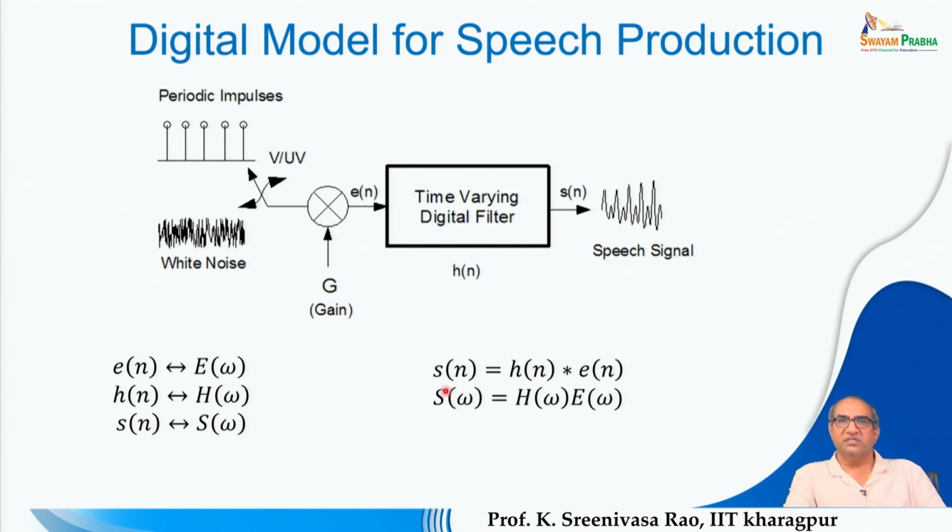In the discrete time domain, S of n is H of n convolution with E of n, and in the frequency domain the equivalent is that the spectrum of a speech signal can be viewed as a product of the spectra of the vocal tract system and the spectra of the excitation signal.